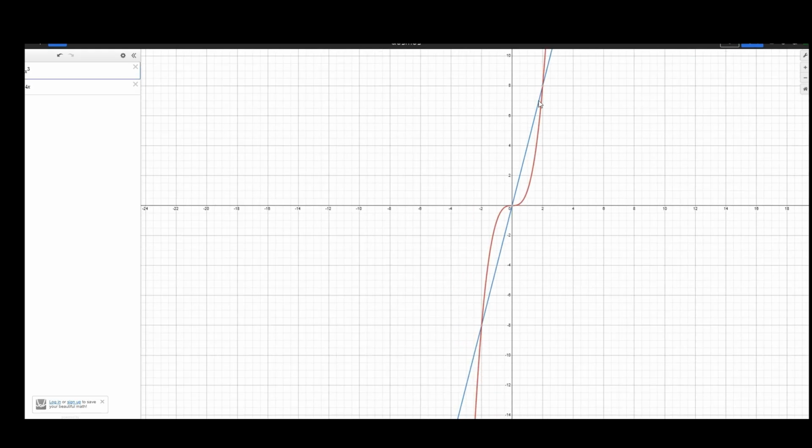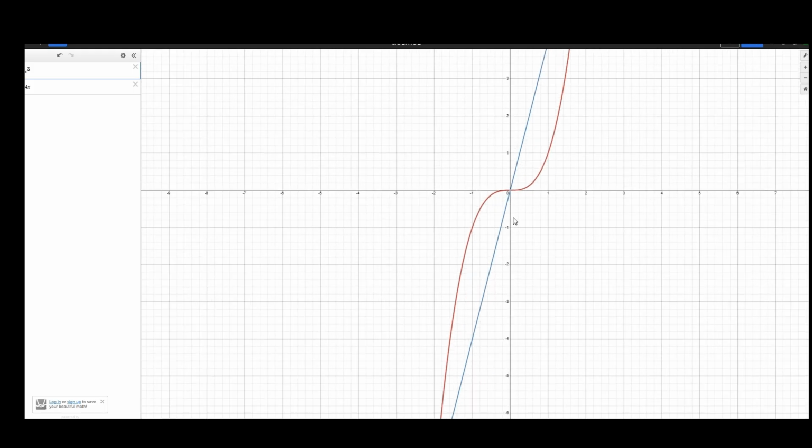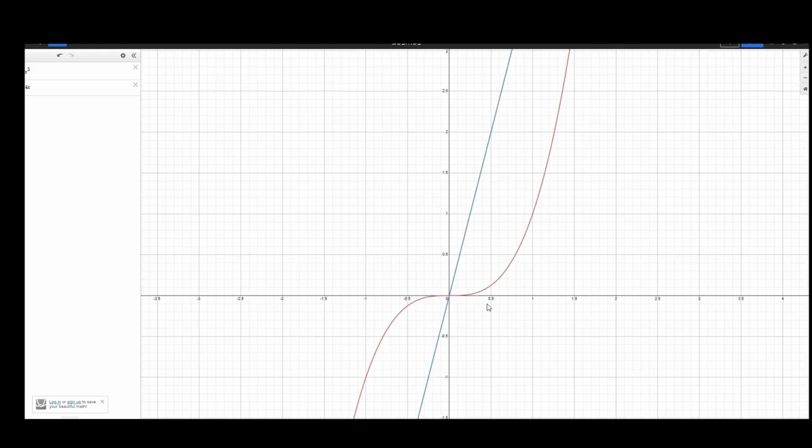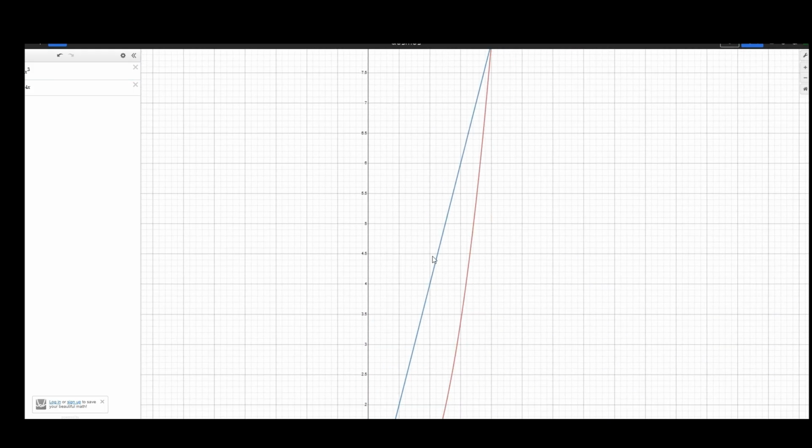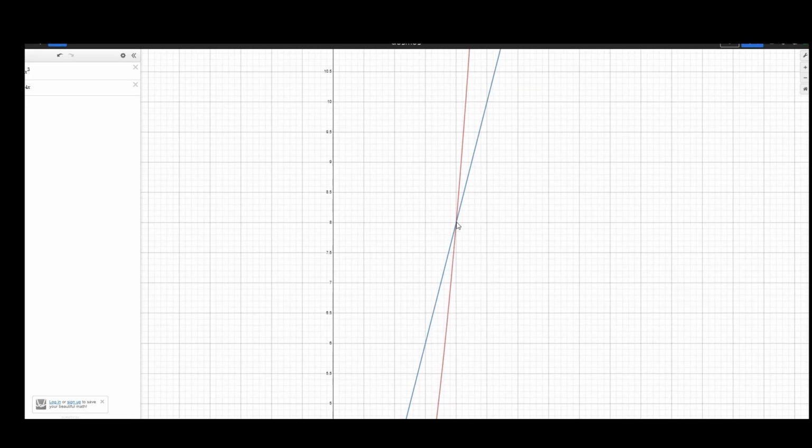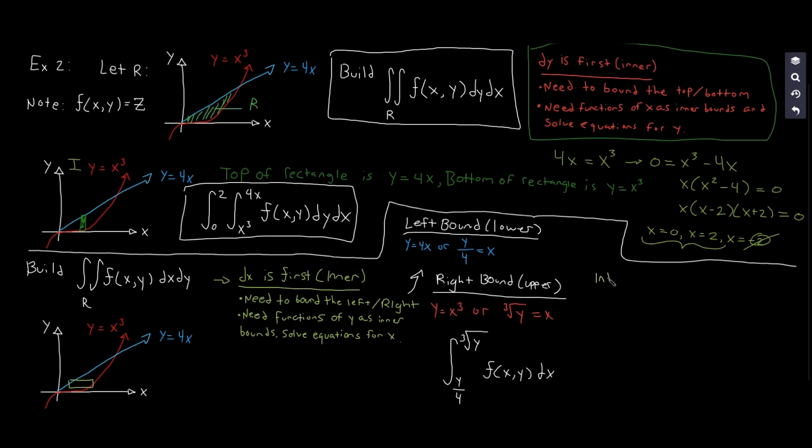I'm going to use my graphing calculator. Hey, look, they intersect at the origin, 0, 0, and at 2, 8. These are the two intersection points.